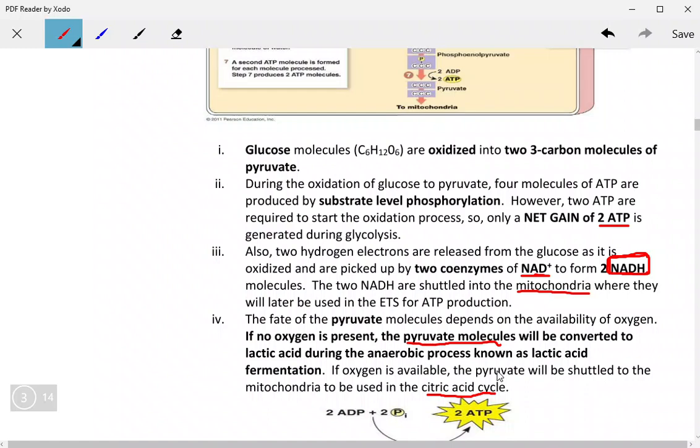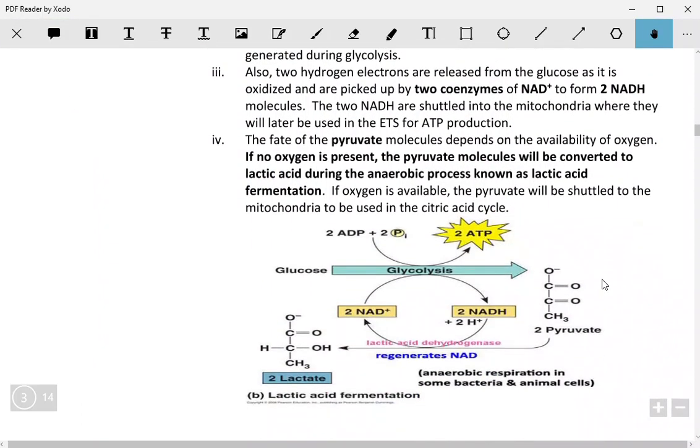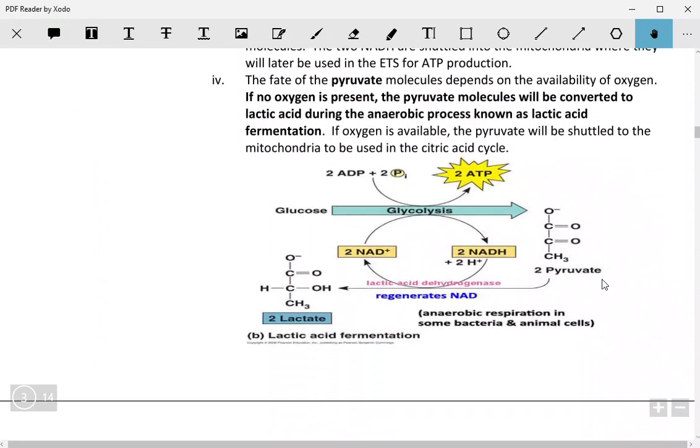But if oxygen is not present, what happens to pyruvate? Well, pyruvate will be converted to lactic acid. And this is an anaerobic process because oxygen is not present. Your skeletal muscle cells usually can carry out this process.